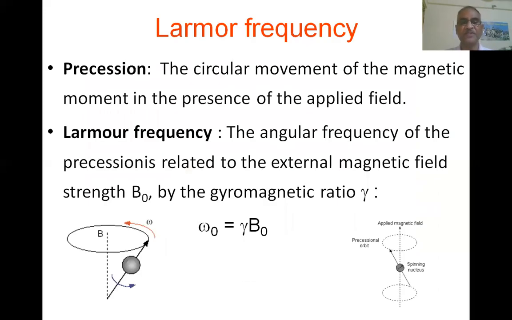Precession is the circular movement of the magnetic moment in the presence of the applied magnetic field. The frequency with which it precesses is called the Larmor frequency, the angular frequency of the precession. And gamma is the gyromagnetic ratio, which is characteristic of a particular nucleus.